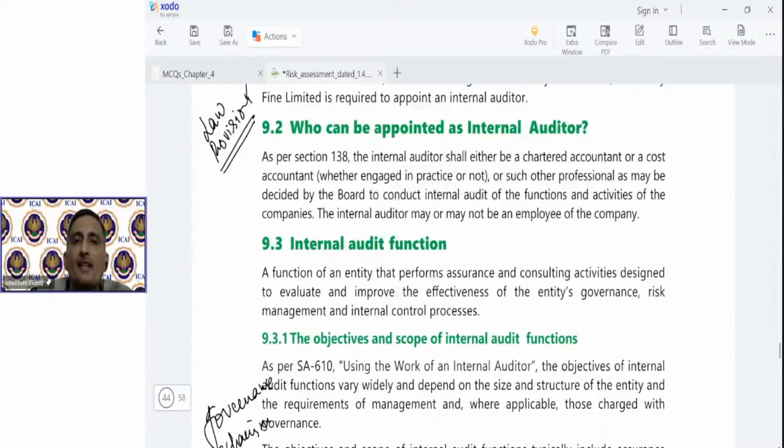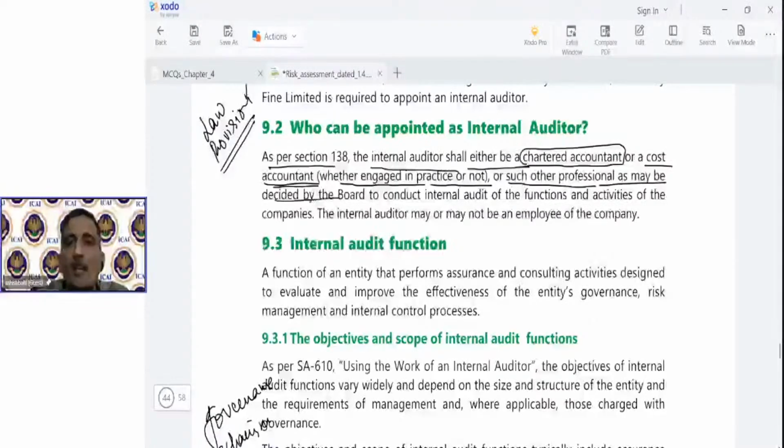As per section 138 of the Companies Act, the internal auditor shall either be a chartered accountant, or a cost accountant, whether engaged in practice or not, or such other professional as may be decided by the board to conduct an internal audit of the functions and activities of the company. The internal auditor may or may not be an employee of the company.